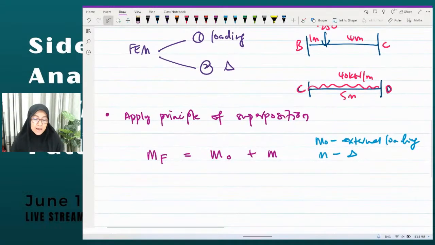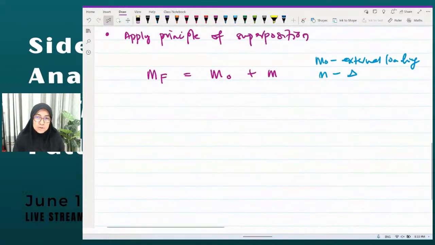That is why we have to apply the principle of superposition, because the end moment that we want to calculate must consider both. So we have the final end moment, the end moment M naught from external loading, and the end moment M from sidesway.